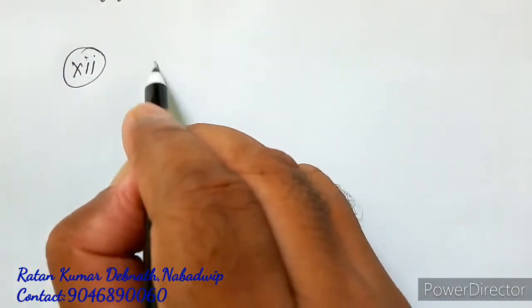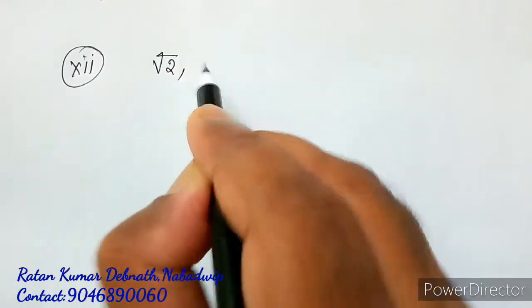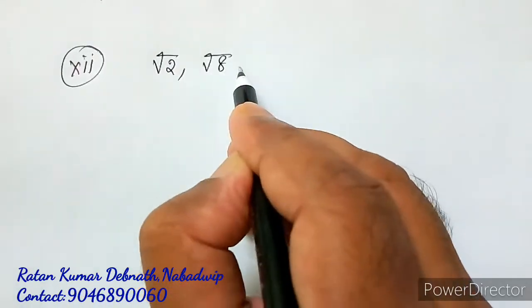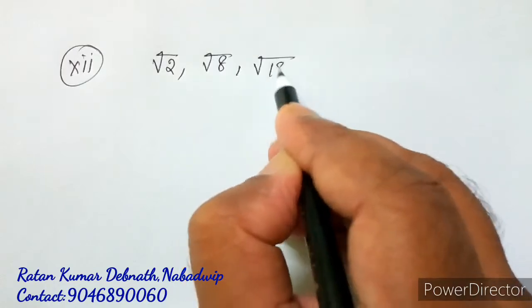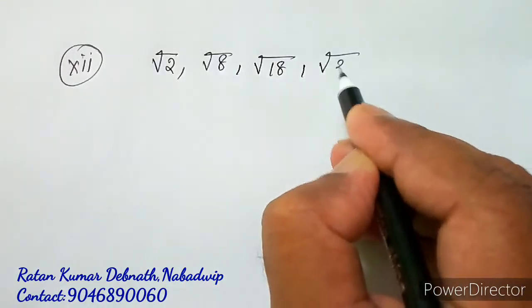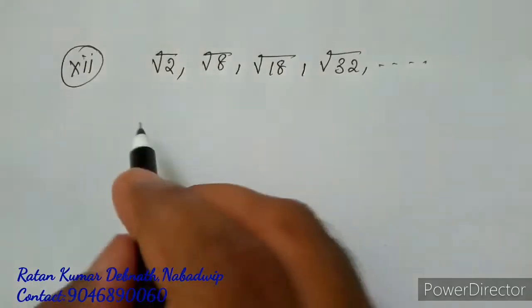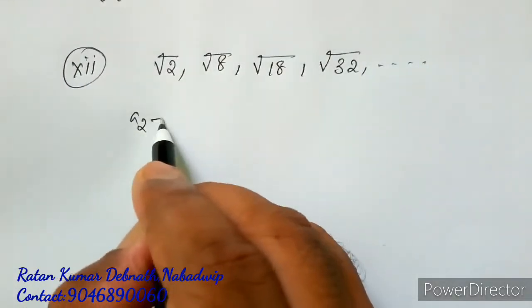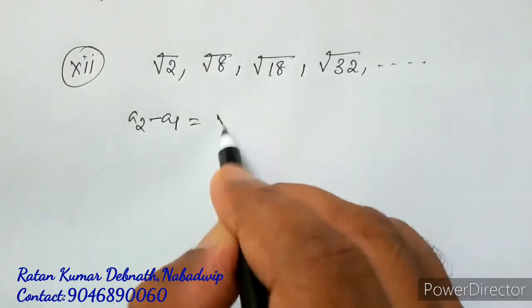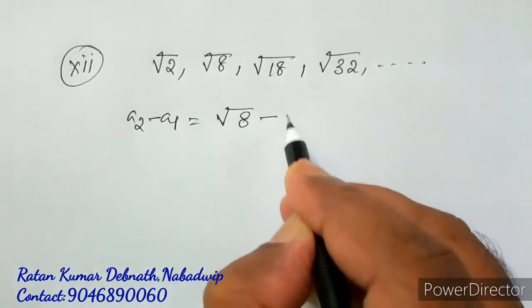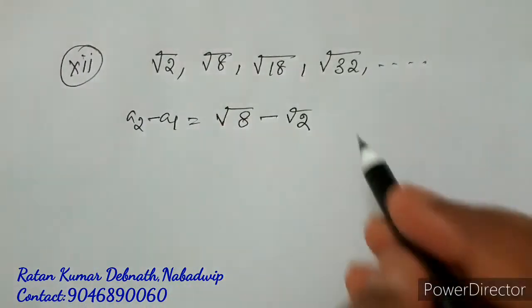Question number 12 of 4. The numbers given here: root 2, root 8, root 18, root 32, etc. Now a2 minus a1 equal to root 8 minus root 2.